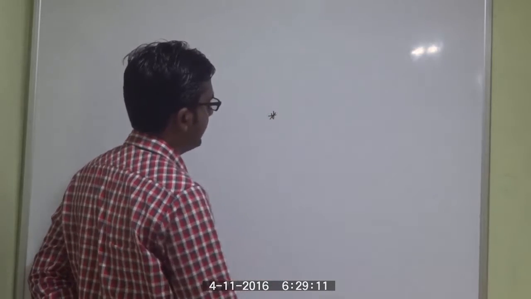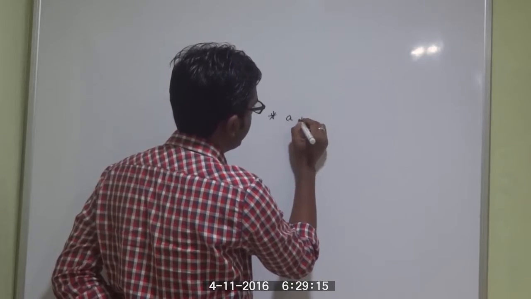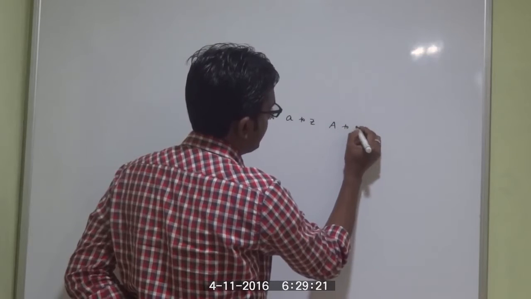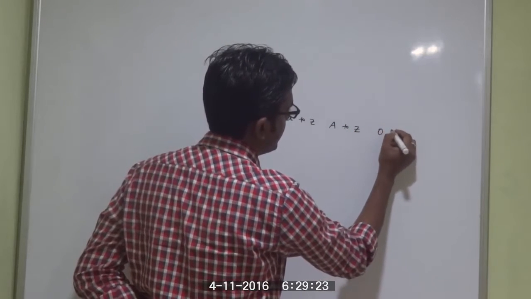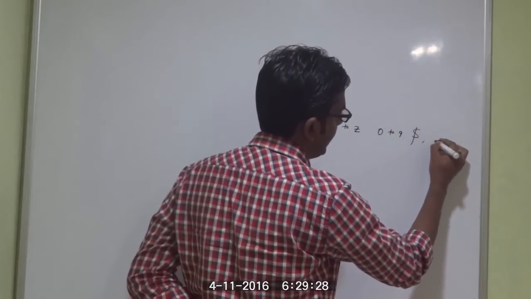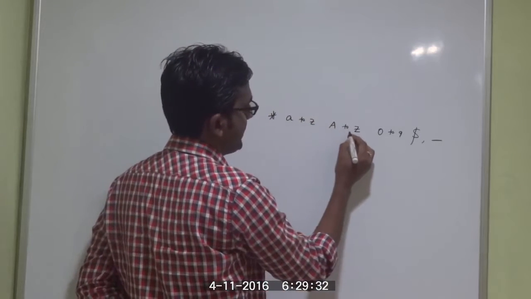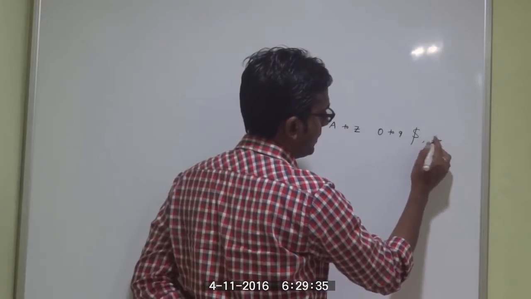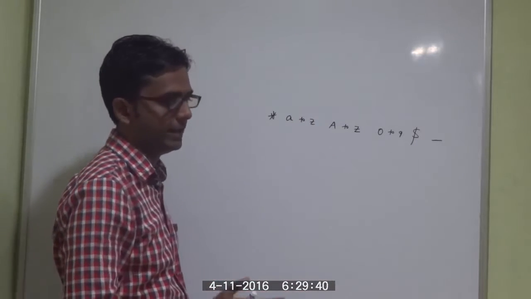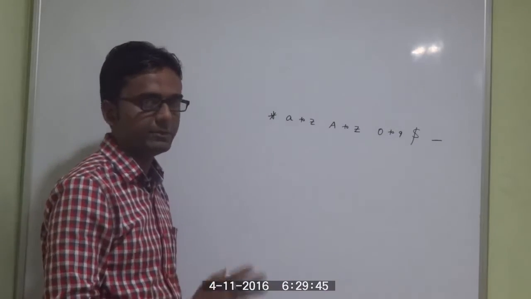The first rule is that the identifier contains letters between small a to small z, capital A to capital Z, 0 to 9, and, among special symbols, dollar and underscore. This is not hyphen, this is underscore. If your identifier contains any character except these, that will be treated as an invalid identifier.